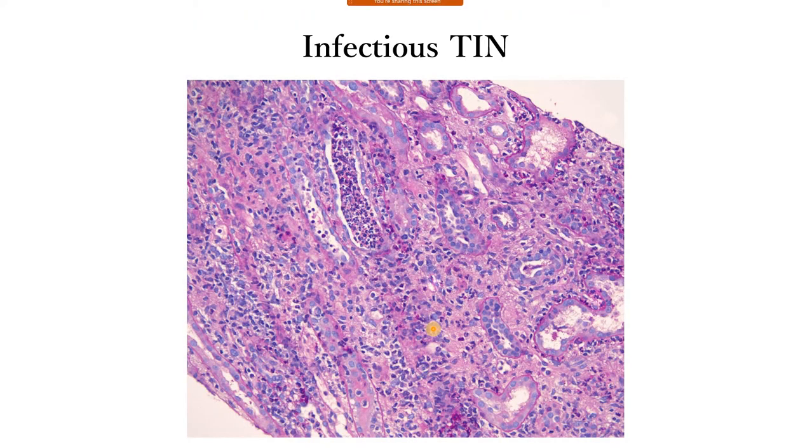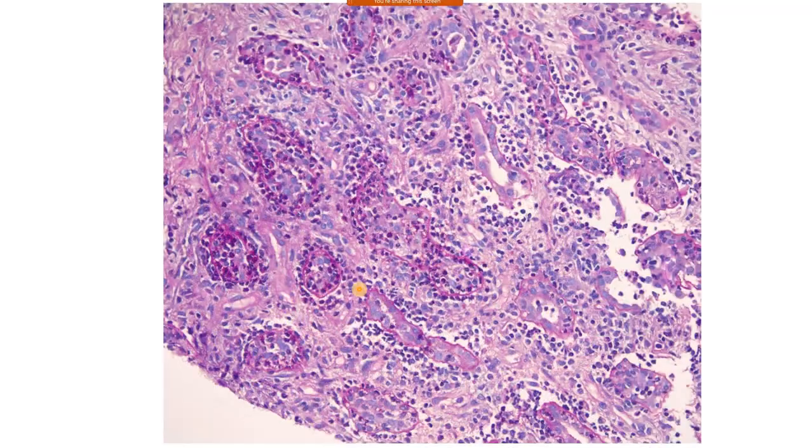So this is an example of infectious TIN, like pyelonephritis. You see very dirty material in the tubular lumina, with lots of neutrophils. And you also see neutrophils in the interstitial areas as well, and edema.